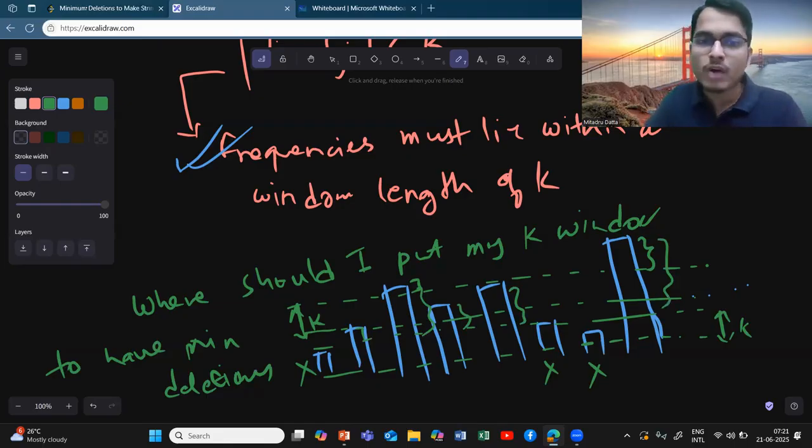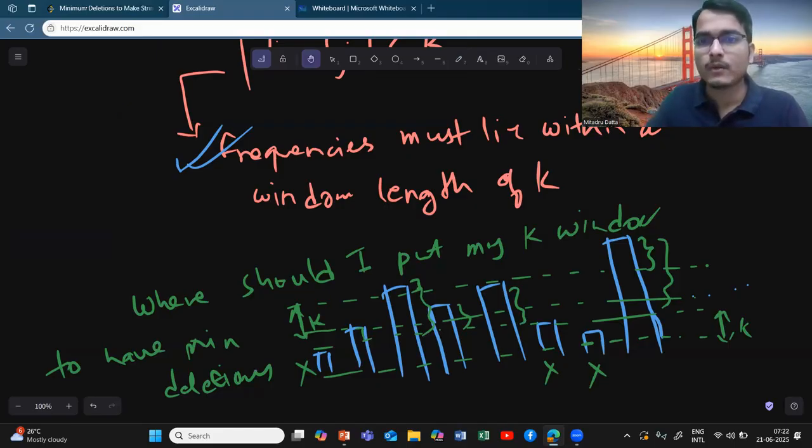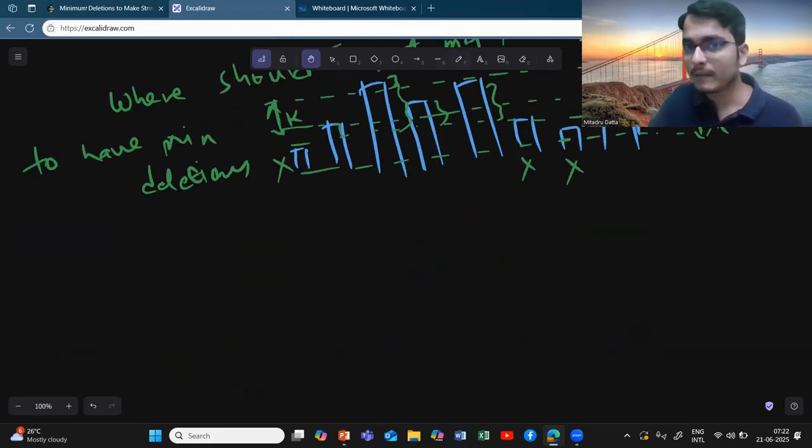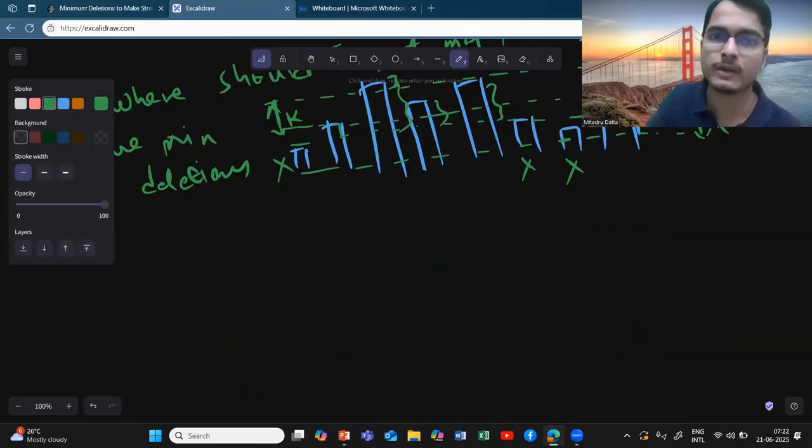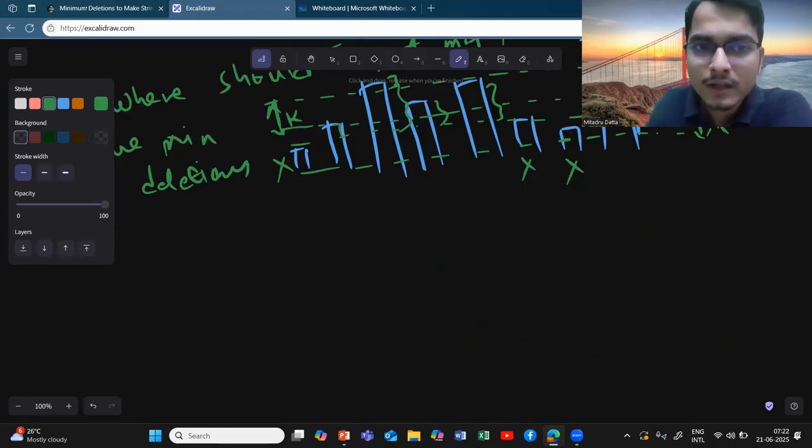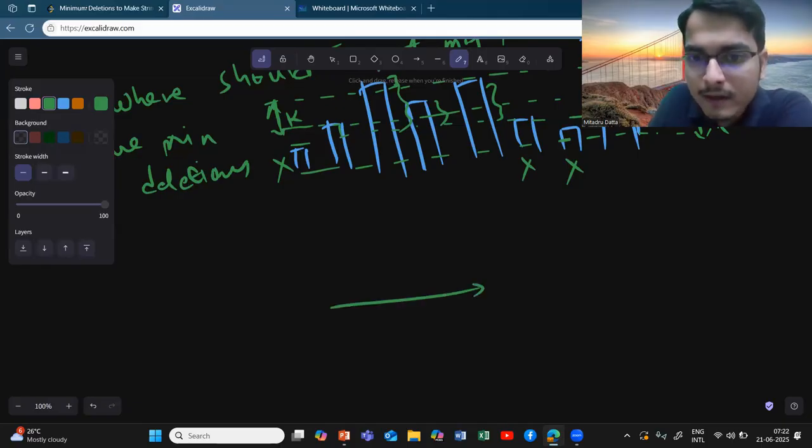So how will I decide this window? I am telling the approach which came to my mind first, and then I will tell you the most optimal one. Both work, both are O of n. So what you can do is make some target frequency that is in the middle.